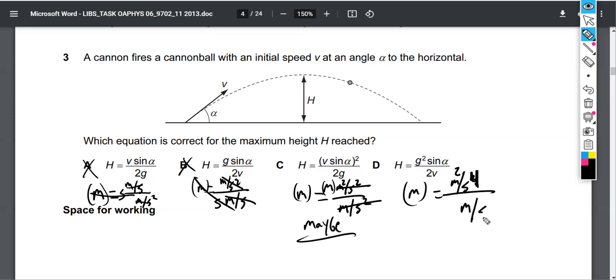Over meters per second of velocity, and so here meters per second would cancel one of those, so we'd be left with meters per second cubed, I think. And so that worked. The units are incorrect in all of them besides C. So C must be right because we can disprove the other three. Not the most efficient way to go about the solution, but it works.